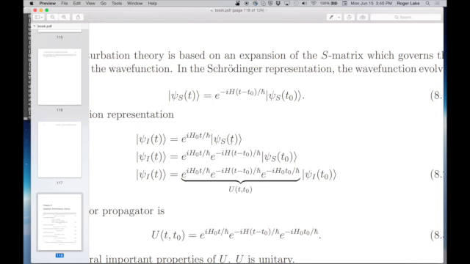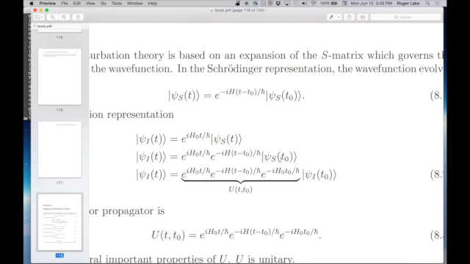And so for psi S of t, we just put this thing here back in for our psi S of t. This is our transformation to the interaction representation. And now to go from psi S to psi I, I multiply and divide in here by e to the minus iH0t0 times e to the plus iH0t0.